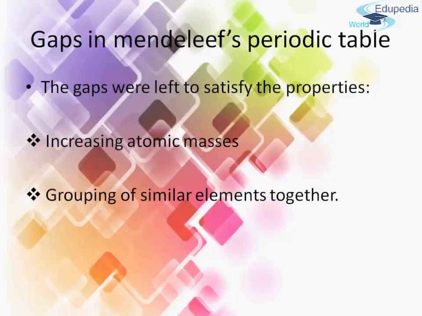These gaps were left for the elements which were not known at that time. He thought that these elements would be discovered later on, and even predicted the properties of these unknown elements by studying the properties of neighboring elements. The missing elements of Mendeleev's periodic table were discovered later on, and the properties were found to be very close to those predicted by him.